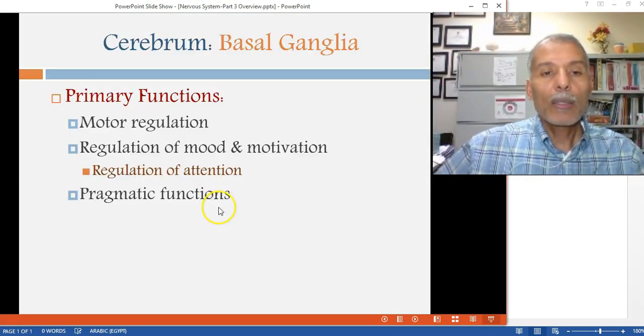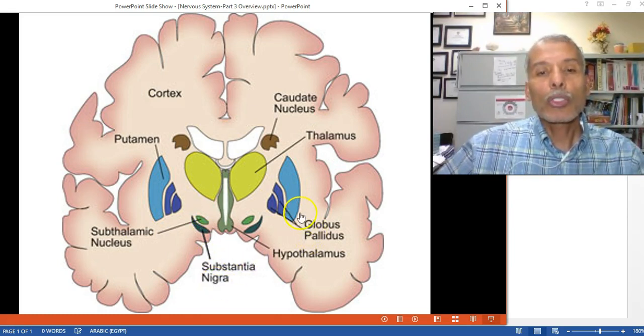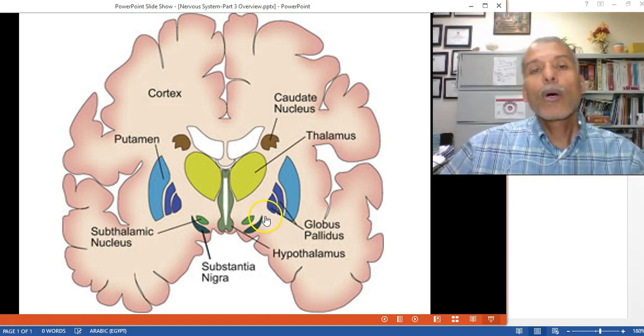These are the putamen, the caudate nucleus, and the subthalamic nuclei, these green areas, and then substantia nigra and the globus pallidus.